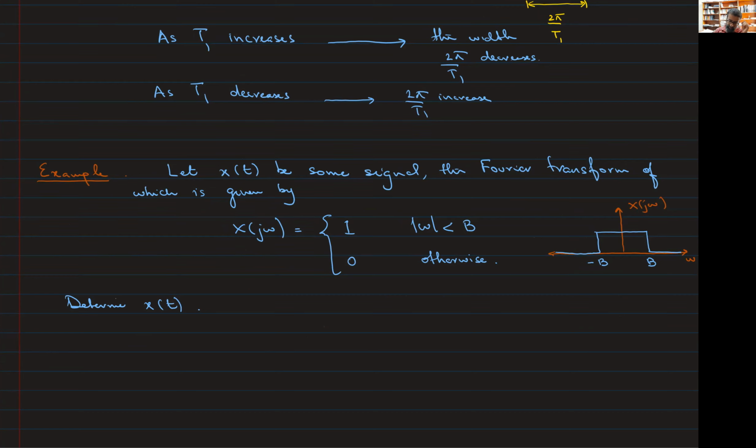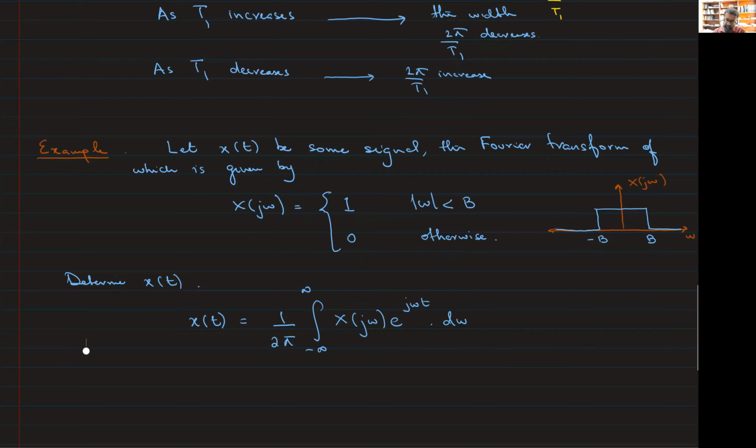So the solution is the following. X of t, by definition, I know, is equal to 1 upon 2 pi integral from minus infinity to plus infinity x of j omega e raised to power plus j omega t times d omega, right? So this is the definition of the inverse Fourier transform.